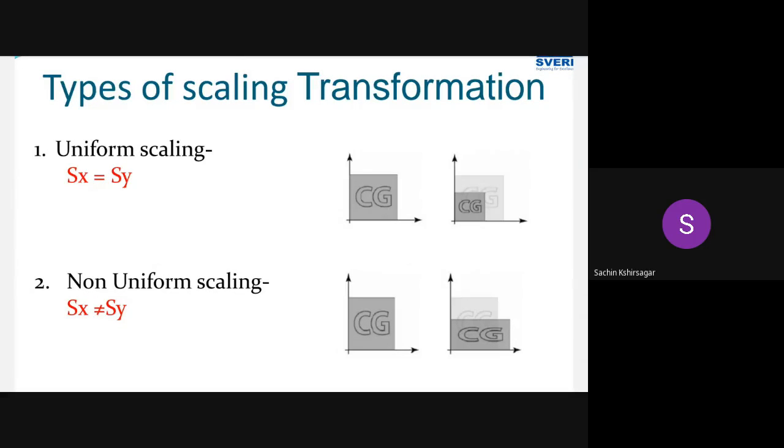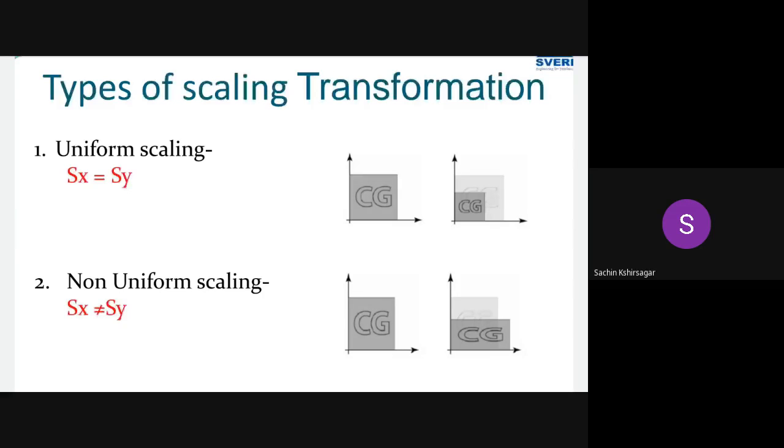The second type is non-uniform. Non-uniform is where the scale factor in X direction is not equal to the scale factor in Y direction. Here there is some variation.